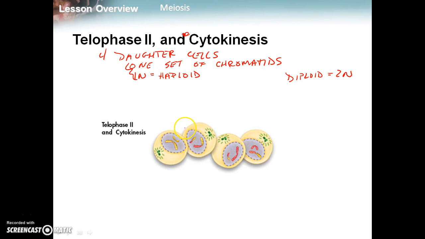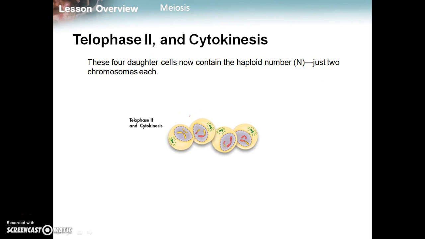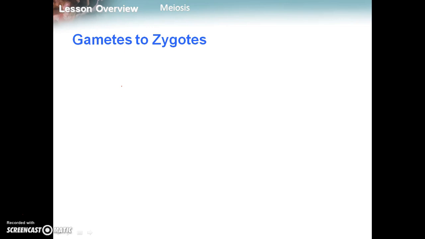These 4 daughter cells are now going to contain the haploid number of chromosomes. So in males, our haploid cells are going to be called gametes.